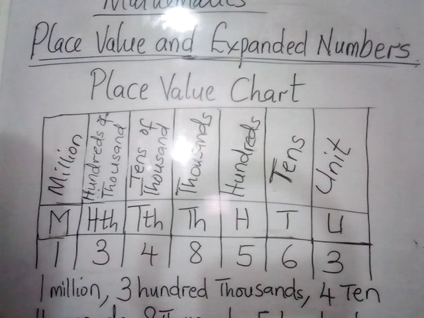In 26, 6 occupies the position of units and the value is simply 6 units, while the 2 occupies the position of tens and the value is 20. But in 62, we find the 2 in the position of units, now having the value of just 2 units, while the 6, now occupying the position of tens, has the value of 60.